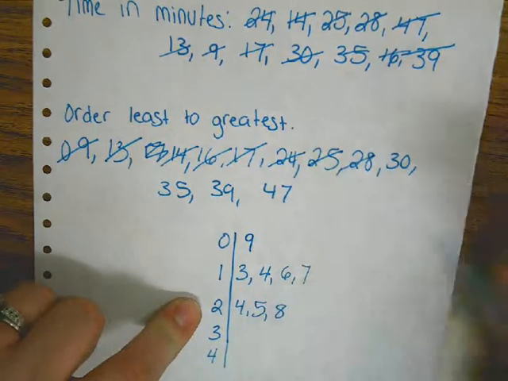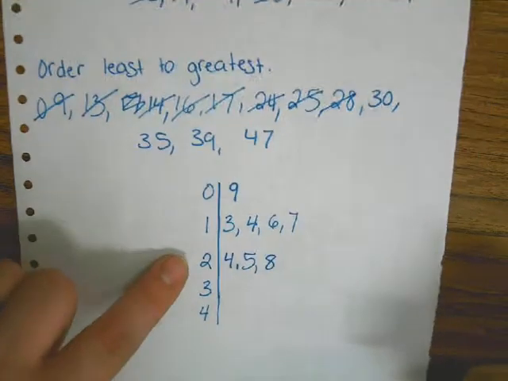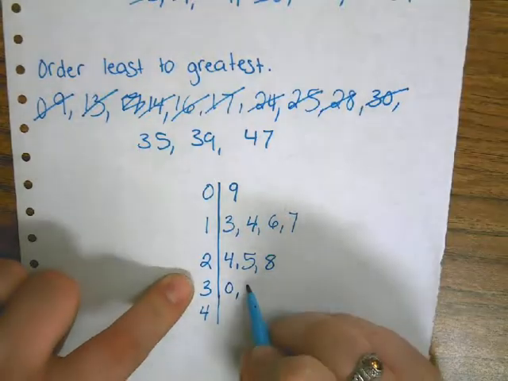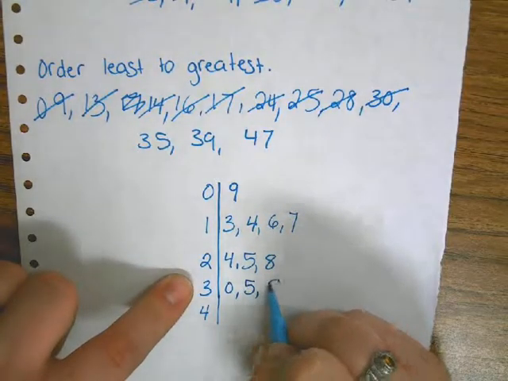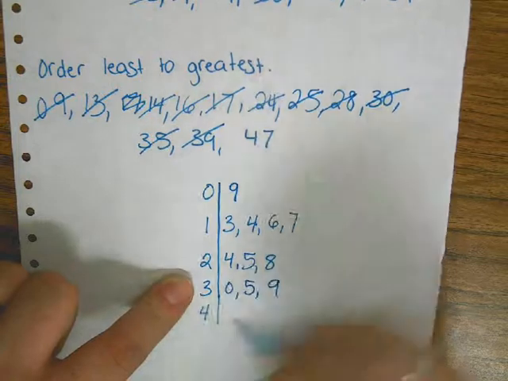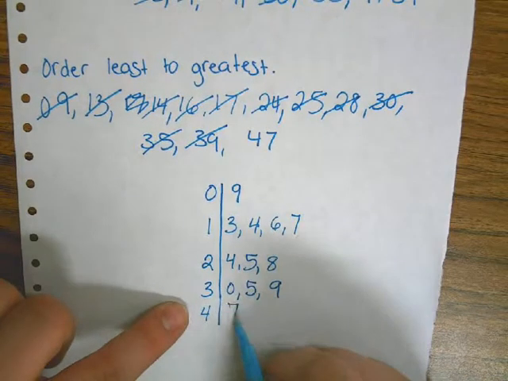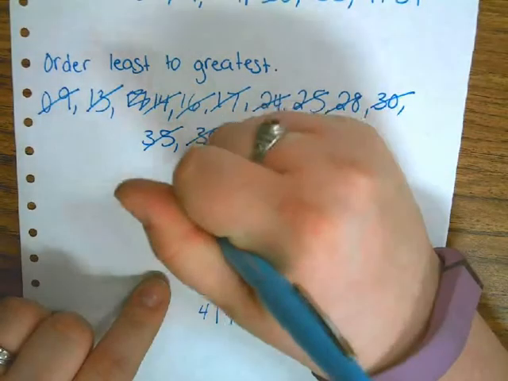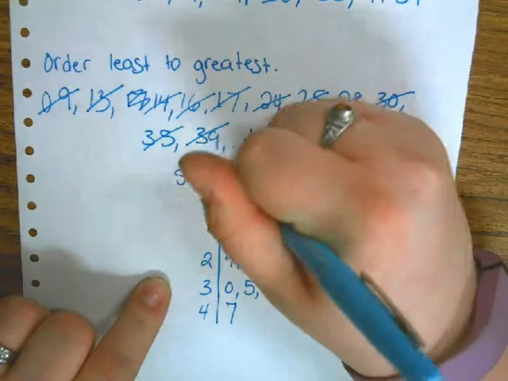So what's going to go with my 3? 0, 5, 9, and with my 4 is going to be a 7. Alright, so I've taken each of the numbers and I'm splitting them up. So this is my stem and this is my leaf.